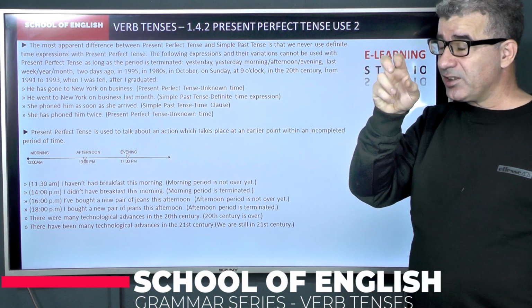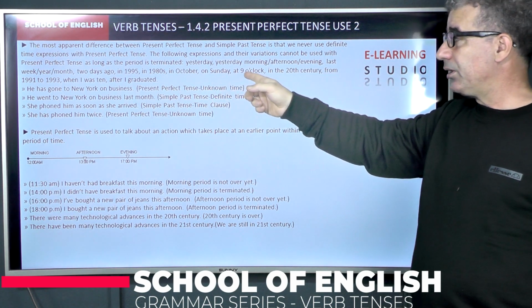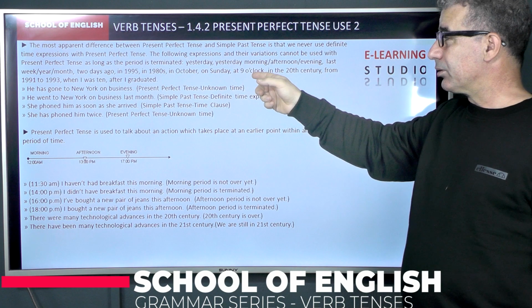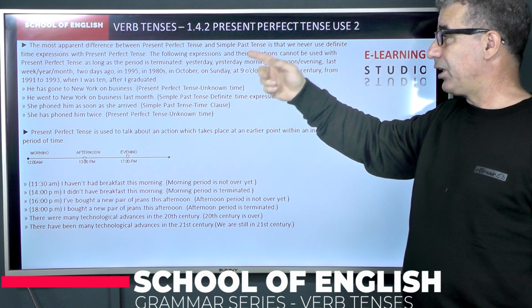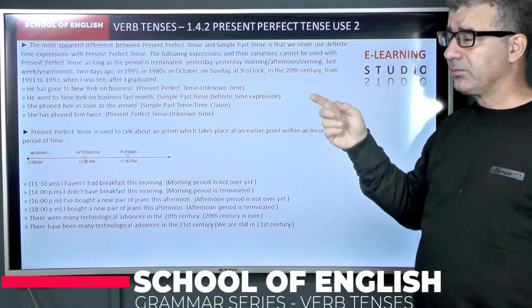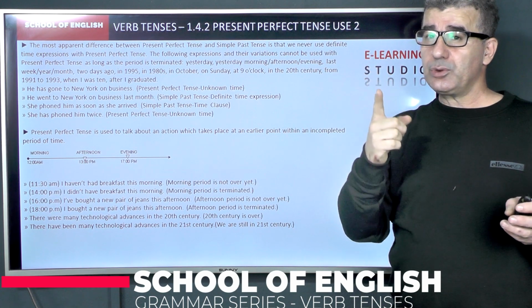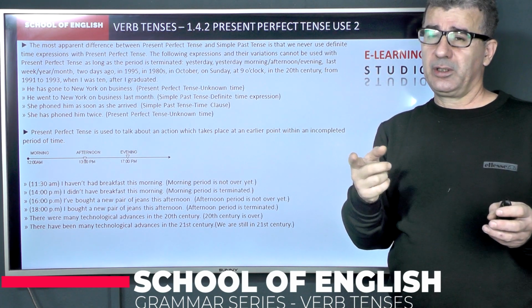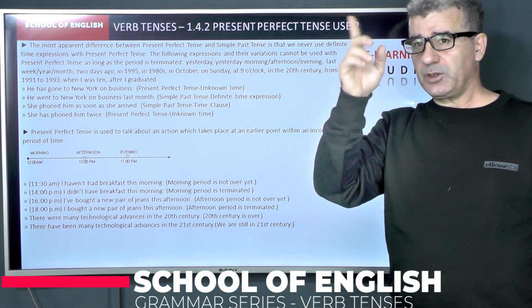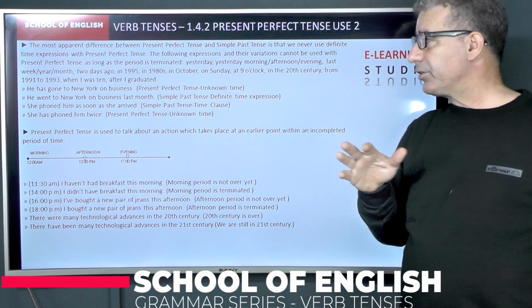You cannot specify a time, even if it's a day. You cannot tell the time saying at 9 o'clock. You cannot say in the 20th century. Why? Because the 20th century is over. But you can use in the 21st century in present perfect tense, because we are still in the 21st century and it's not terminated.